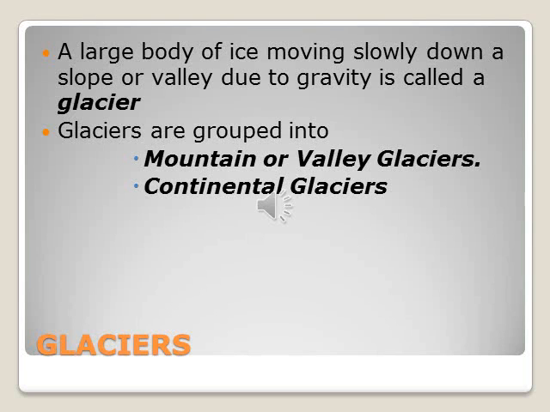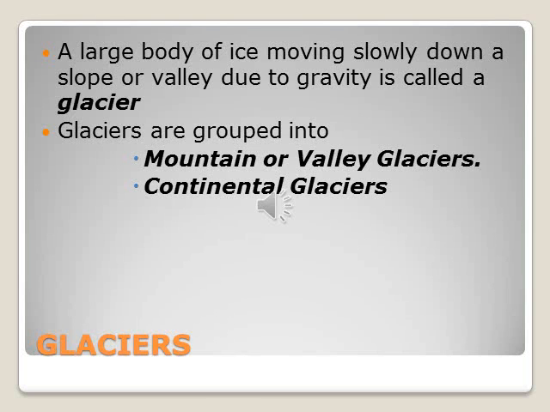Because of a continuous flow of snow or ice, it turns into a large ice mass which moves slowly down a slope or valley because of gravity. Okay, so glaciers are grouped into two.